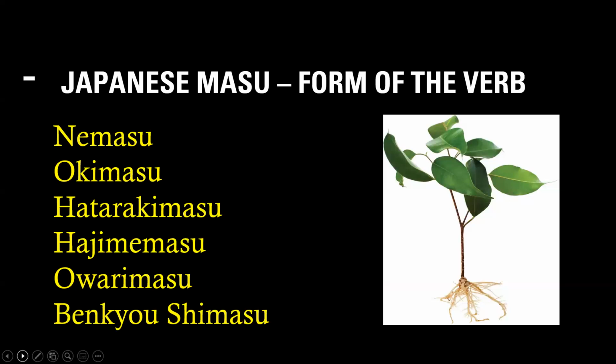Okimasu, no, it's okimas. Now, sometimes you will hear Japanese say hatarakimasu with the full u. Sometimes they do that for the purpose of emphasis, pero in day-to-day conversation using the Japanese masu form, they often use the silent u pronunciation, hatarakimas, okay?